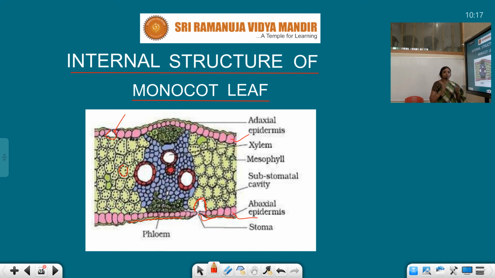Whereas in the dicot leaf, the mesophyll cells are of two types: palisade, a column-like structure, and loosely arranged spongy parenchyma. But in monocot we can see only one type of cells, that is spongy type of tissue with loosely arranged cells.